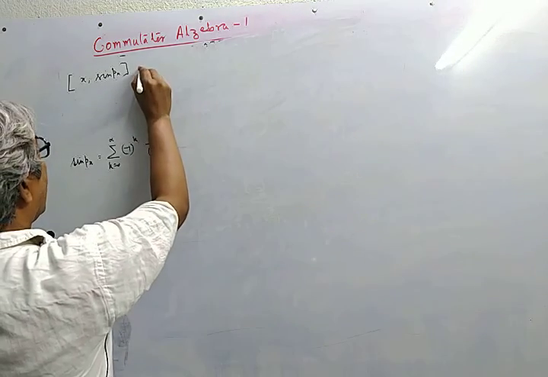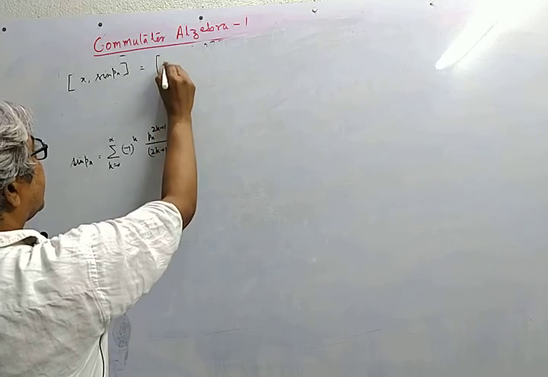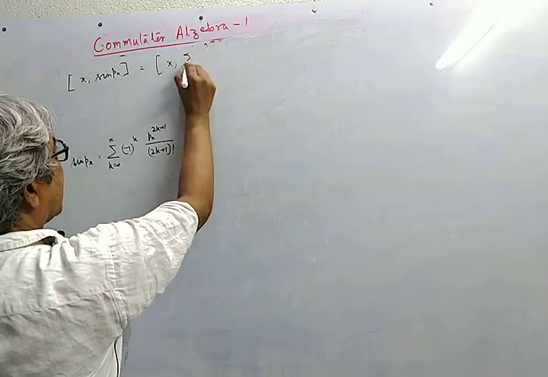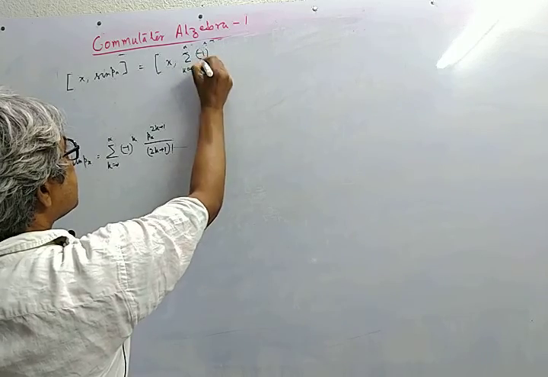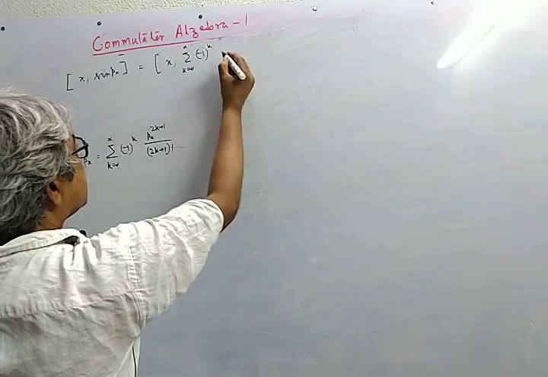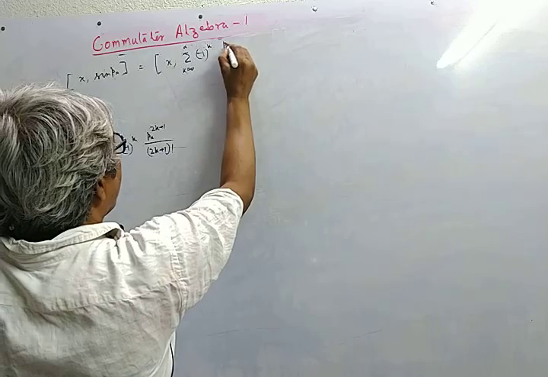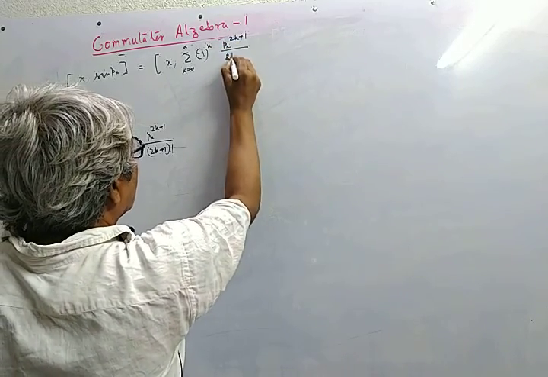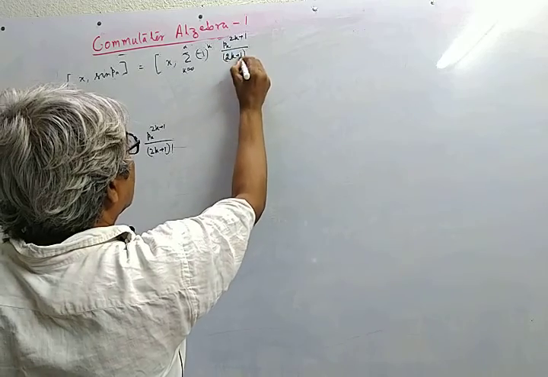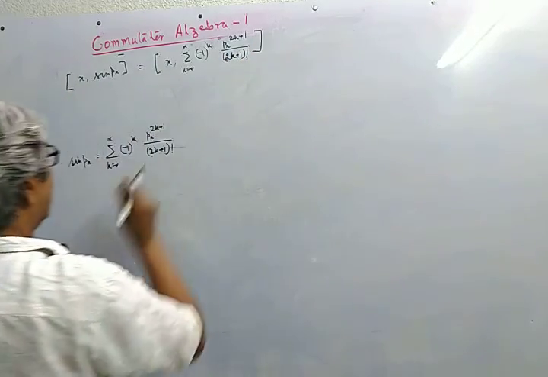This is the expansion of sine px. So we write it as the commutator of x with this, divided by the factorial.